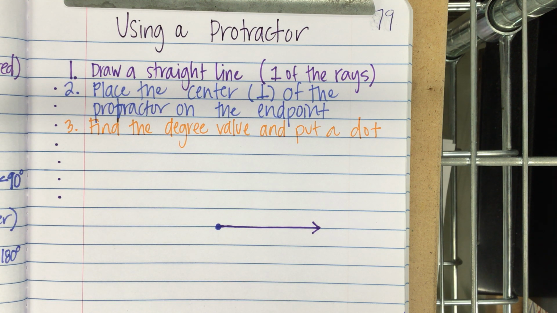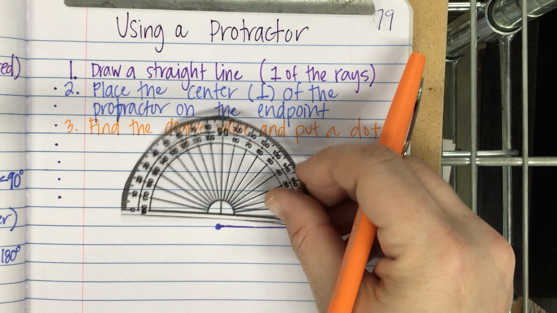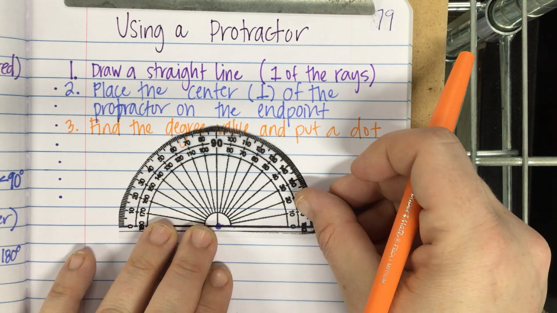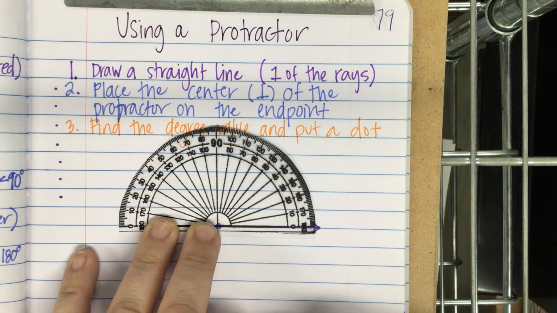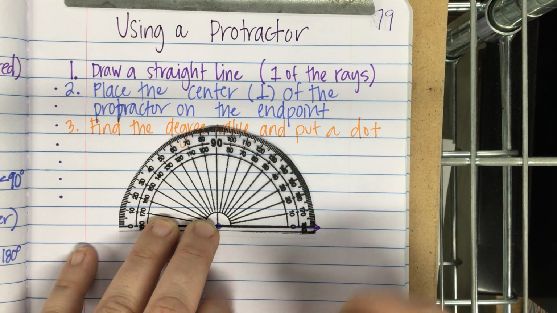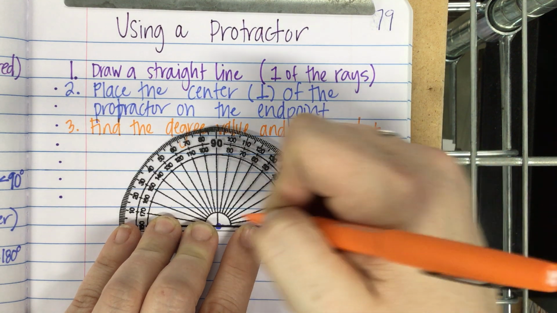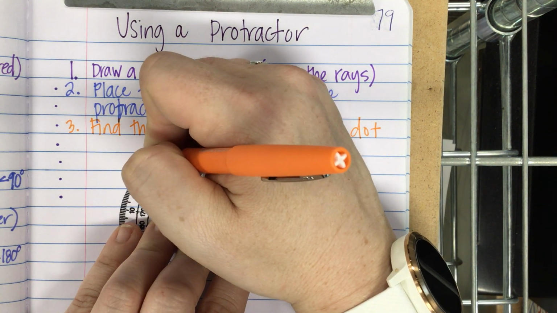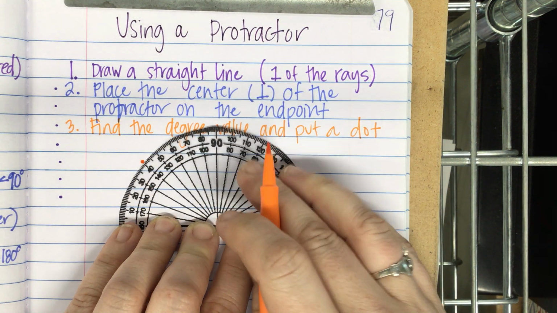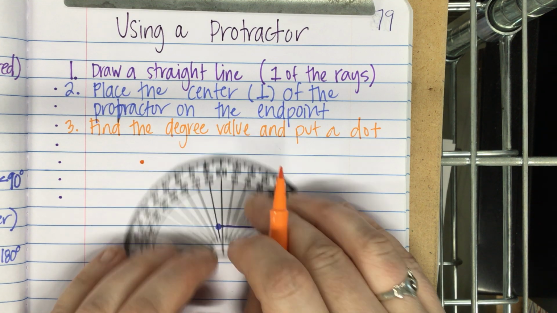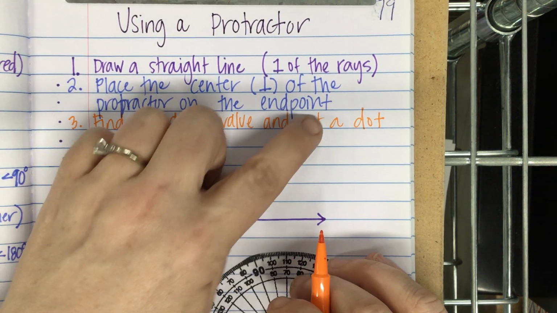So once I've trimmed my protractor, I'm going to, hold on, you're not going to do this yet. Please wait. I want to do 140 degrees, so I want it to be obtuse. 140 degrees. You're not doing anything yet. You're going to find the degree value and put a dot.